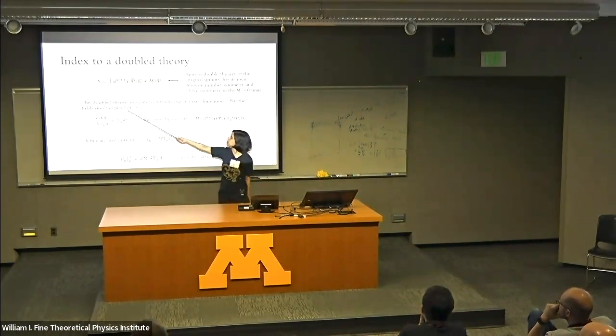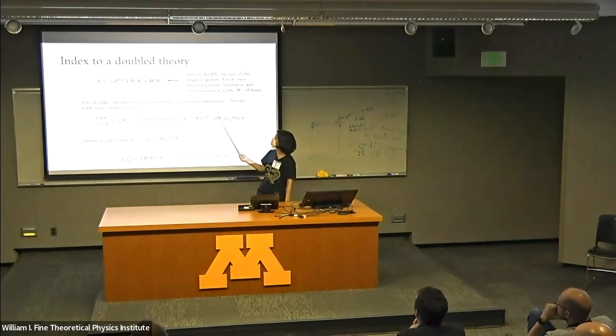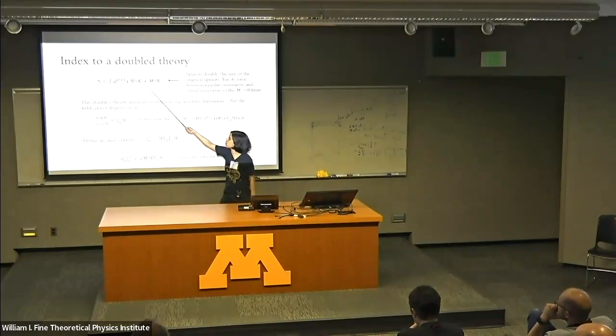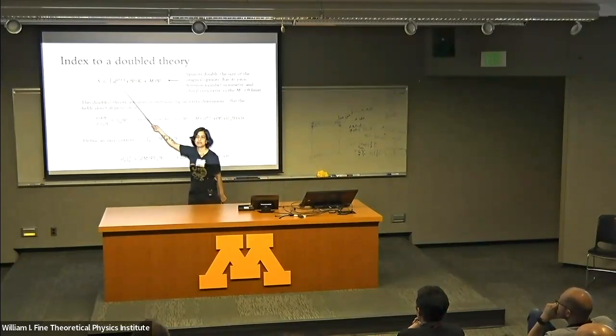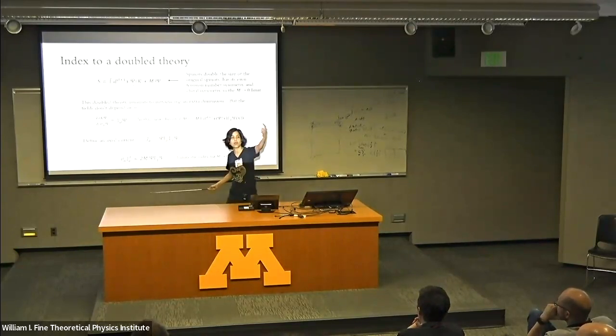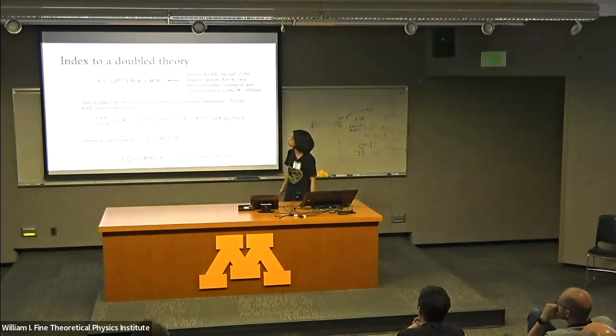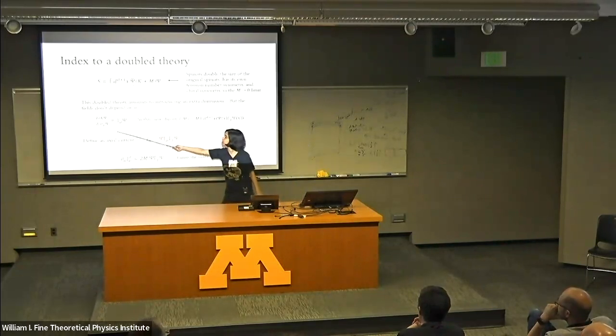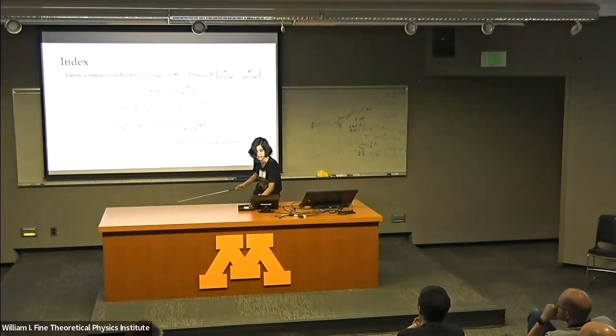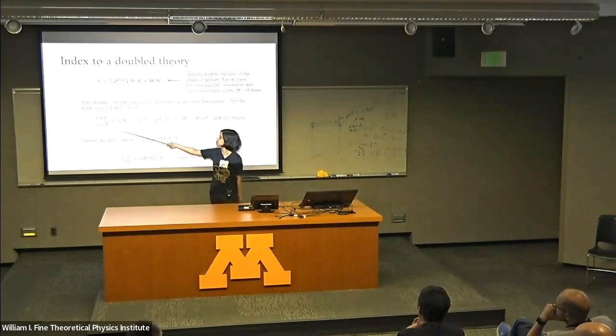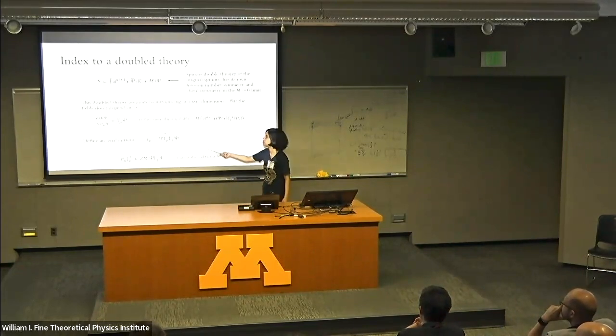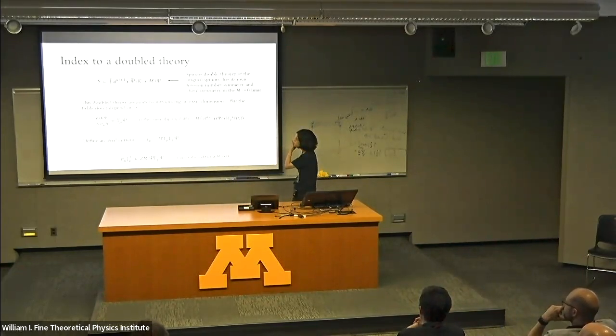So this is a double theory which amounts to introducing an extra dimension, but the fields don't depend on it. Okay. So my gamma matrices don't correspond to the number of space-time dimensions I'm in. The gamma matrices are twice the size. Okay. And you can read off these gamma matrices just by looking at this operator K. Or you could also apply this relation to get the corresponding gamma matrices.